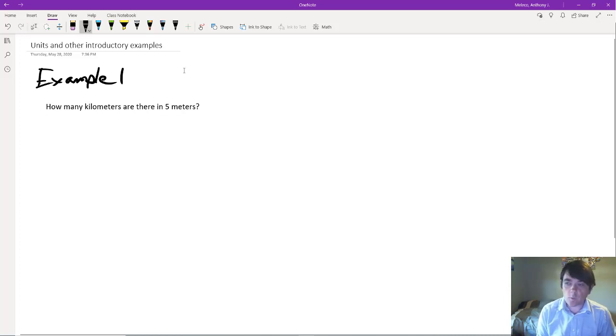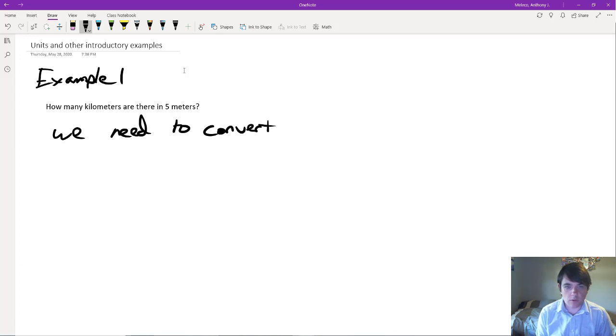So what we're going to do is we're going to use the system. So we want to know how many kilometers are there in 5 meters. So we need to convert to kilometers. And we don't know this number.